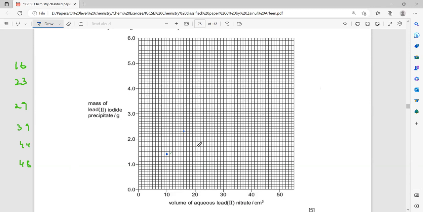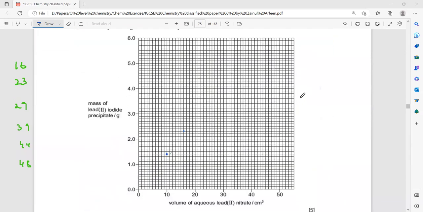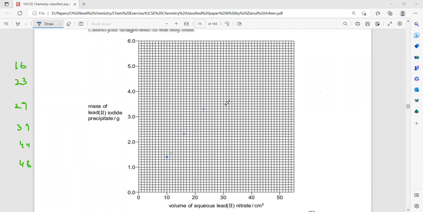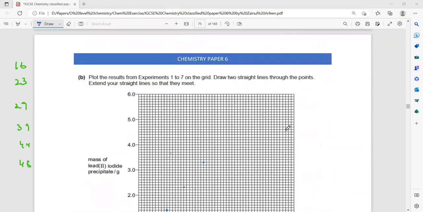The next one is 23 and 3.3. So 3.3 is 3, then 1, 2, 3. And till here is 16, 17, 18, 19, 20, 21, 22, 23. So this will be 23 and 3.3. Then we have 39 and 4.1.